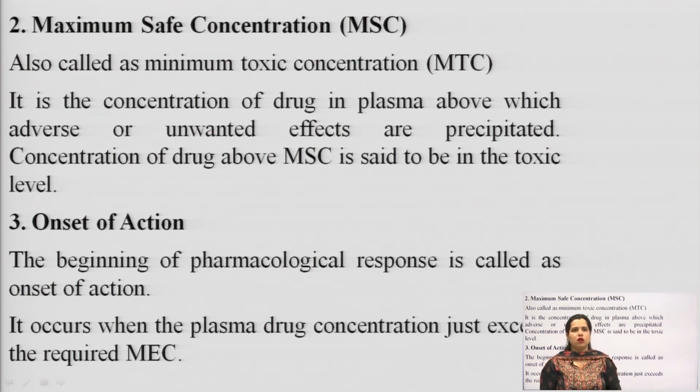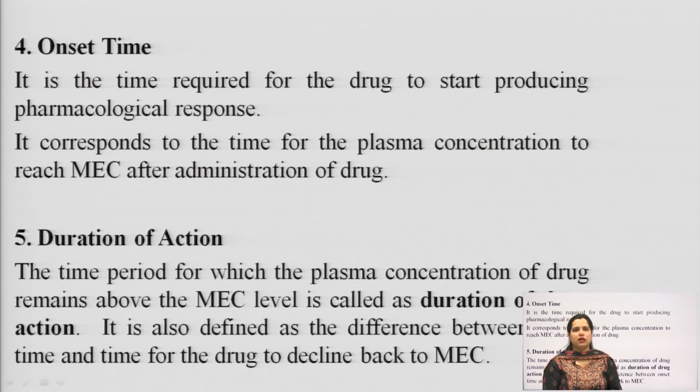Onset of action occurs when the plasma drug concentration just exceeds the required MEC, minimum effective concentration. Onset time means the time at which the drug starts producing pharmacological response, and duration of action means the time period for which the plasma concentration of drug remains above the MEC.